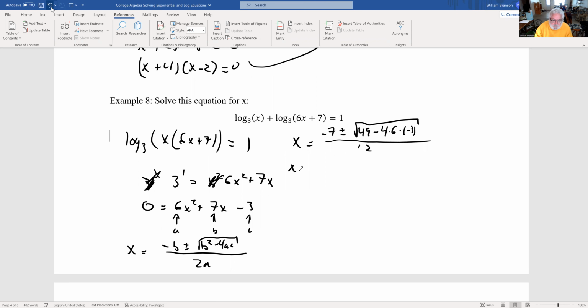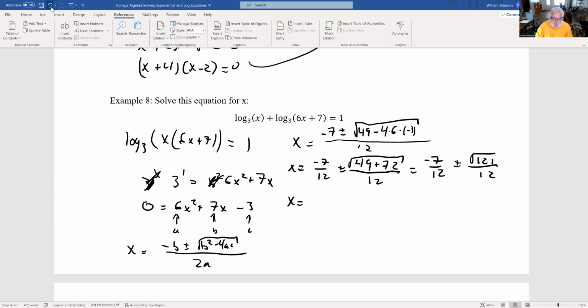And as I usually do, I'm going to break this into two fractions, minus 7 over 12, plus or minus the square root of 49 plus 72, over 12. So minus minus becomes a plus. 4 times 3 is 12, times 6 is 72. And that's over 12. And that becomes a 121 inside.